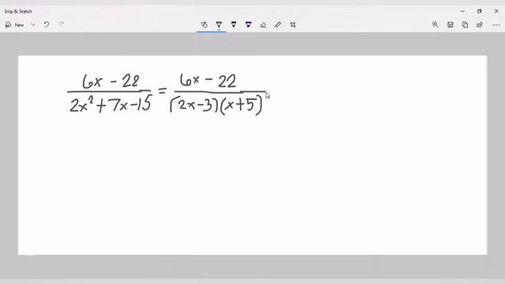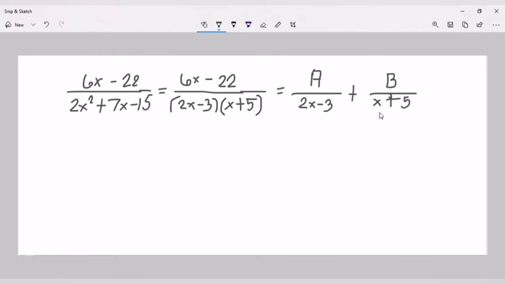Then to get the partial fractions, let us equate it to A over the first factor, the quantity 2x minus 3, plus B over the second factor, x plus 5.